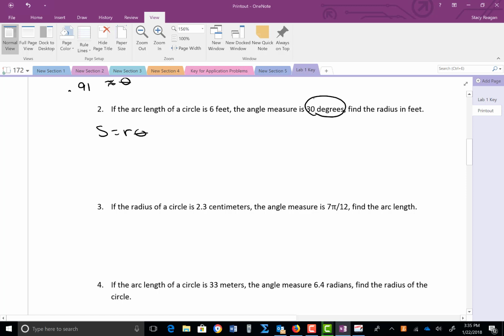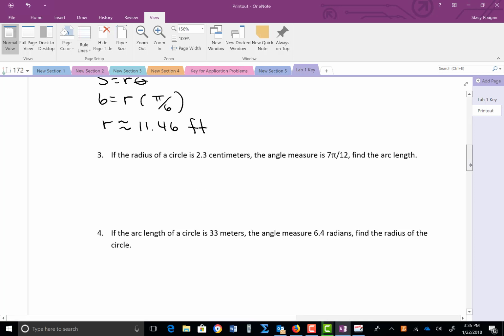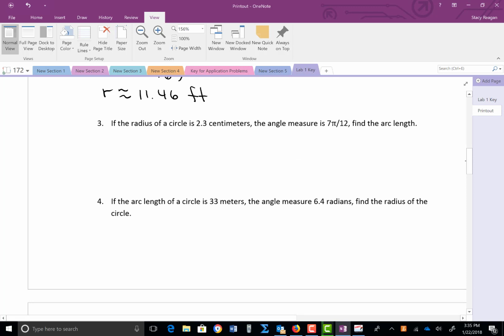So if I put my arc length of 6 feet in there, I don't know my radius, so if I leave that alone and I put pi over 6 for my radians, and I do my math by dividing both sides by pi over 6, radius is going to be 36 over pi, so roughly radius is going to be 11.46 feet. So there's that one. Some of you missed it because you did not change the 30 degrees to radians.